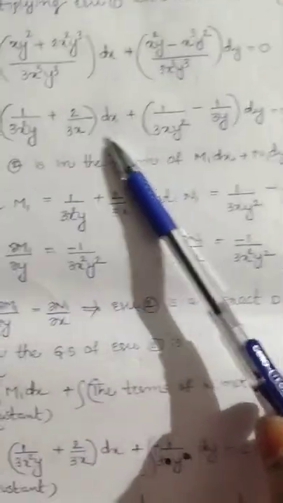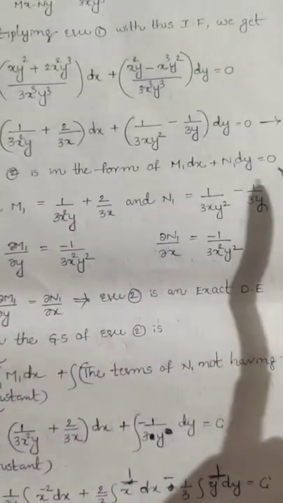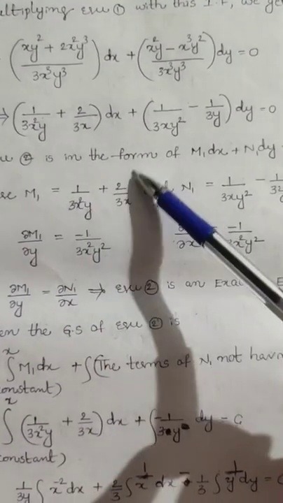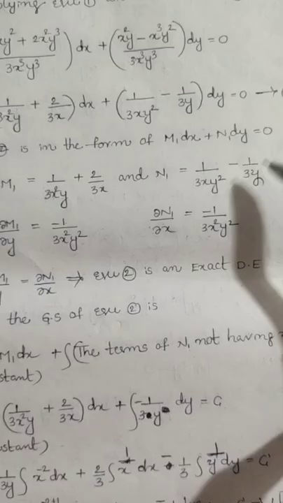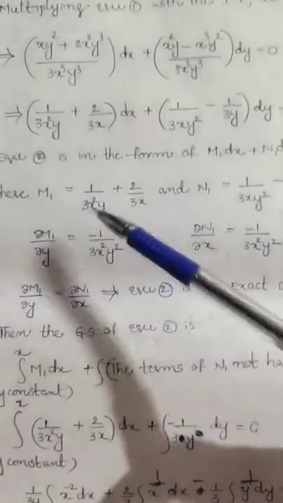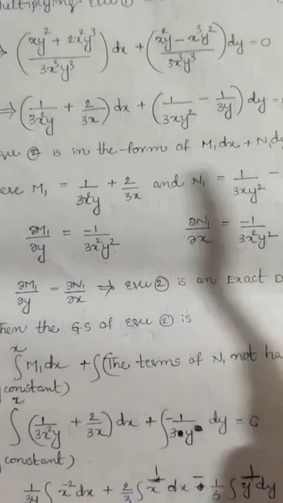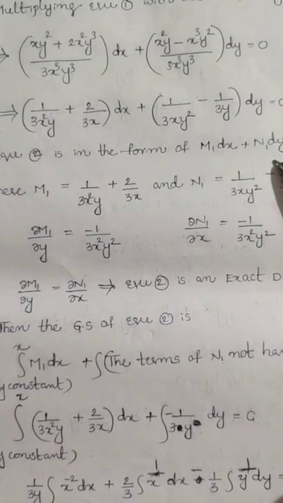Again, this equation 2 is in the form of M1 dx plus N1 dy equal to 0, where M1 equal to 1 by 3x square y plus 2 by 3x and N1 equal to 1 by 3x y square minus 1 by 3y. Then we have to find the partial derivatives of M1 with respect to y and N1 with respect to x.